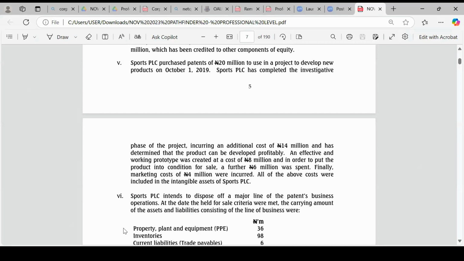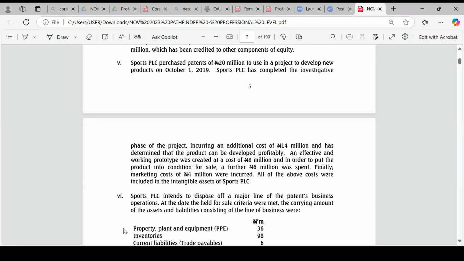This investigative cost will not qualify for capitalization. It is investigative cost that you have incurred.